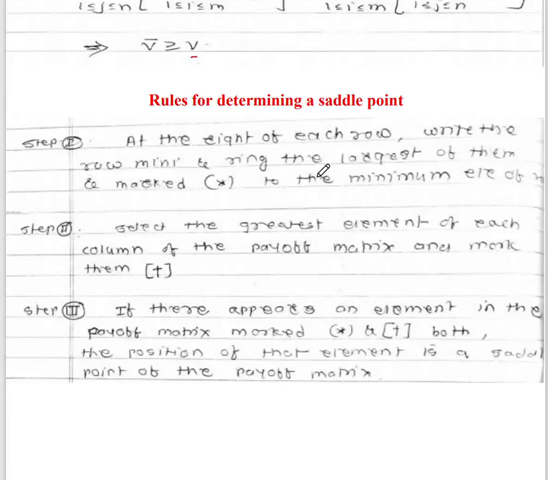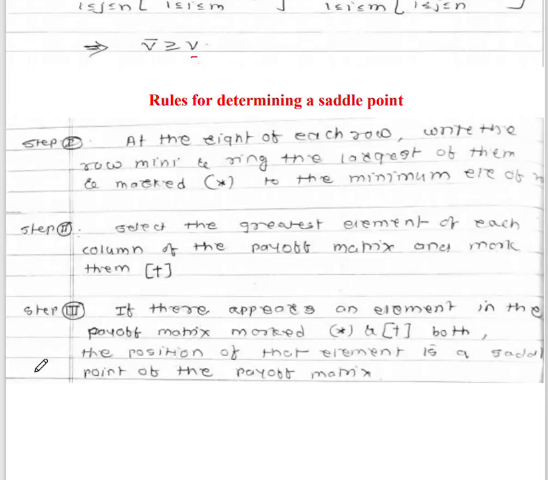So what is the first rule? You have to take the minimum value of each row, then you have to ring the largest value among those row minimums, and you have to mark it with a star. The second step is to select the greatest element of each column of the payoff matrix and mark them with a plus.